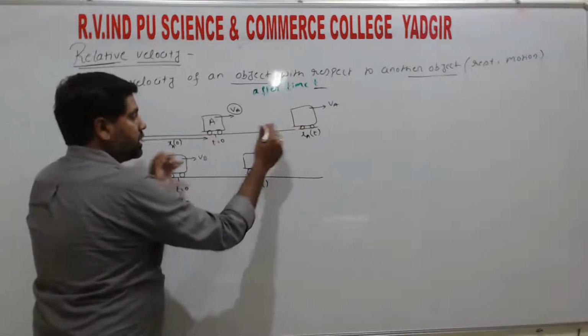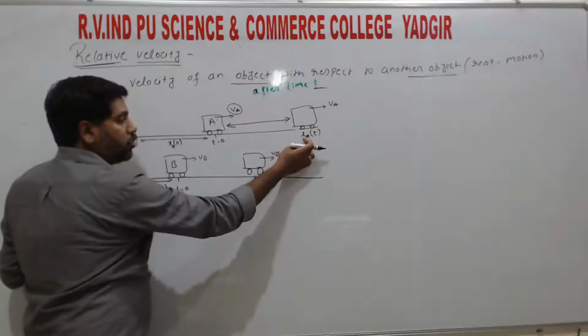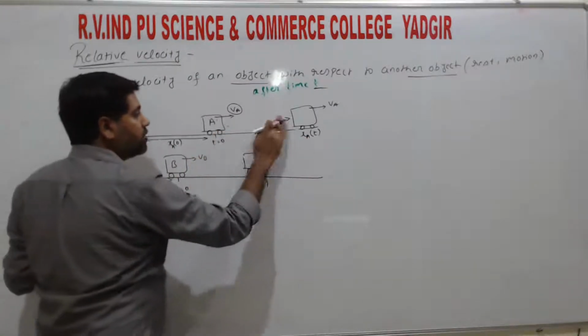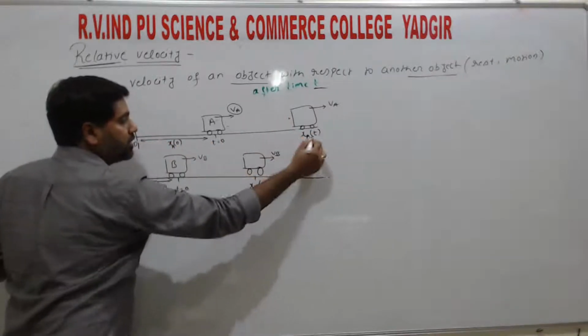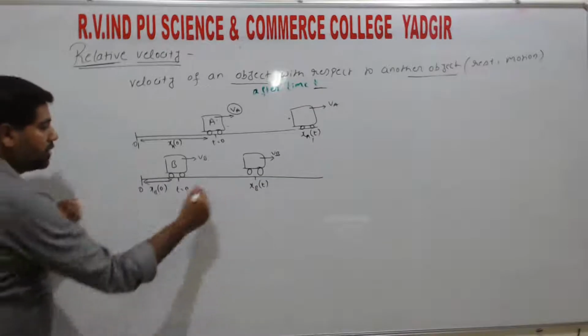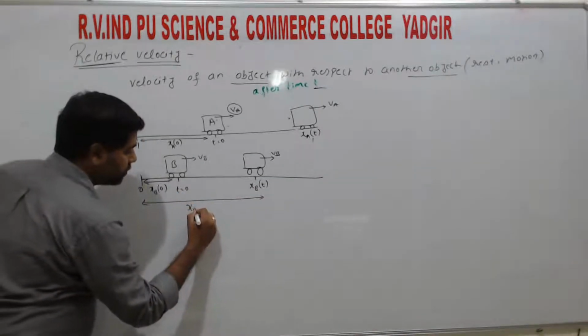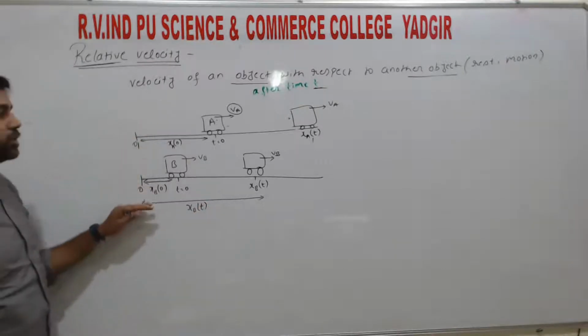So that is the distance here to here, right? So this xA of t is at a distance from the origin to here. In the same way here the distance xB of t is from the origin, right? So this one is the first step, right?